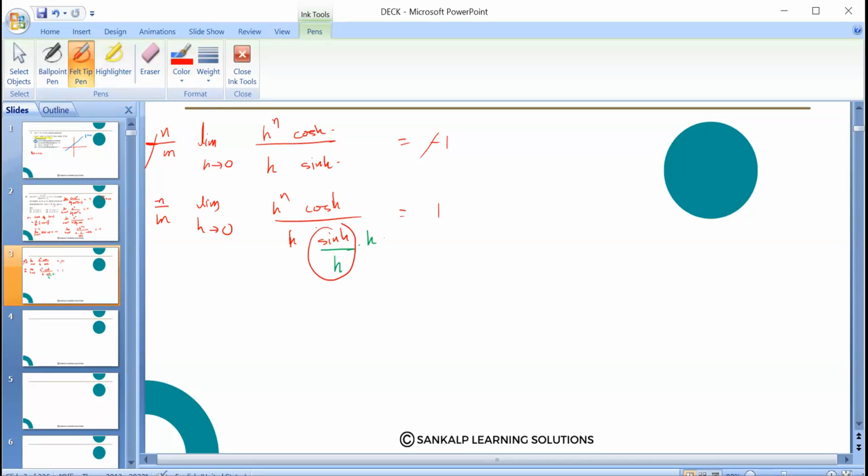So that this will become 1. N by m, limit h power n cos h by h square equal to 1.